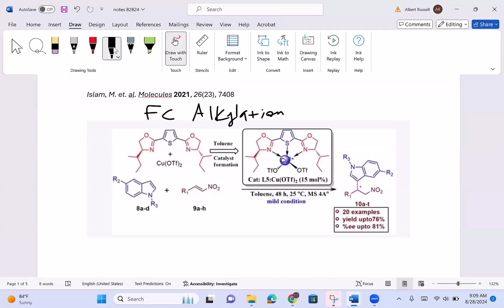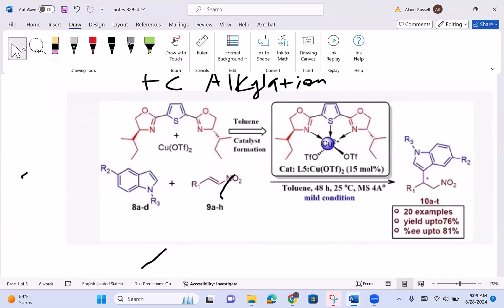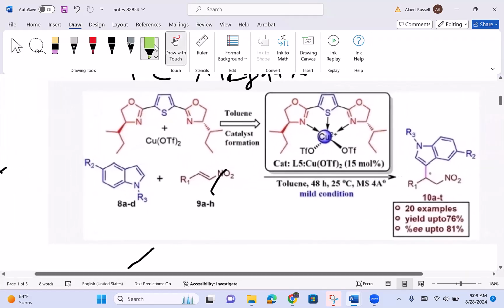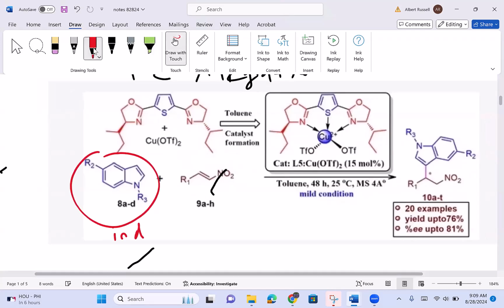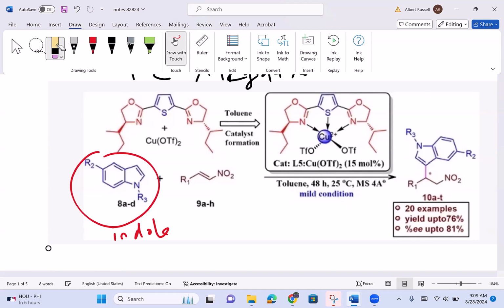If you notice, you're taking an aromatic compound, indole, which is this compound right here, and you're adding to it, sorry about the mess, this nitroalkene.